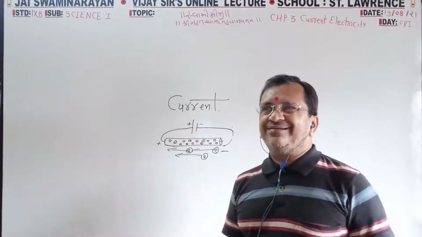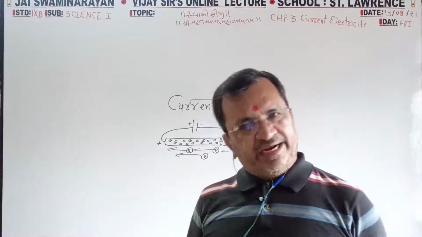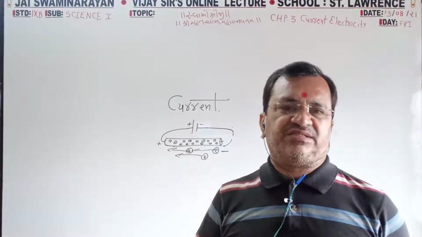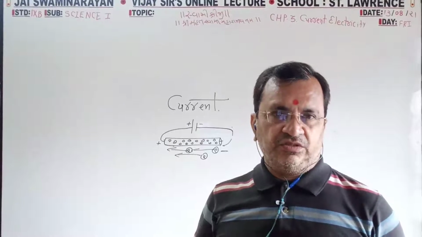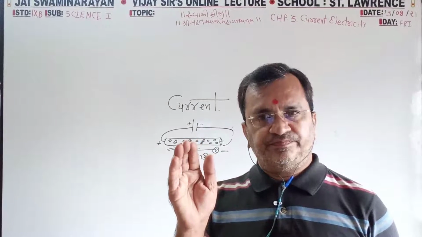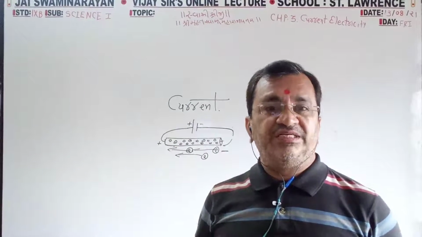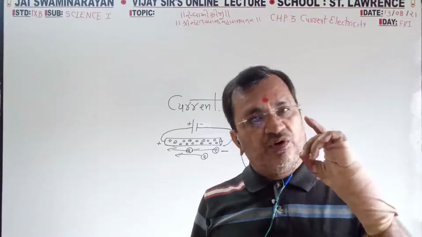When a conducting wire is connected to the battery, it becomes positive and negative. At that time, all negative electrons flow from the negative terminal to the positive terminal. So the positive terminal is at a higher level and the negative terminal is at a lower level.